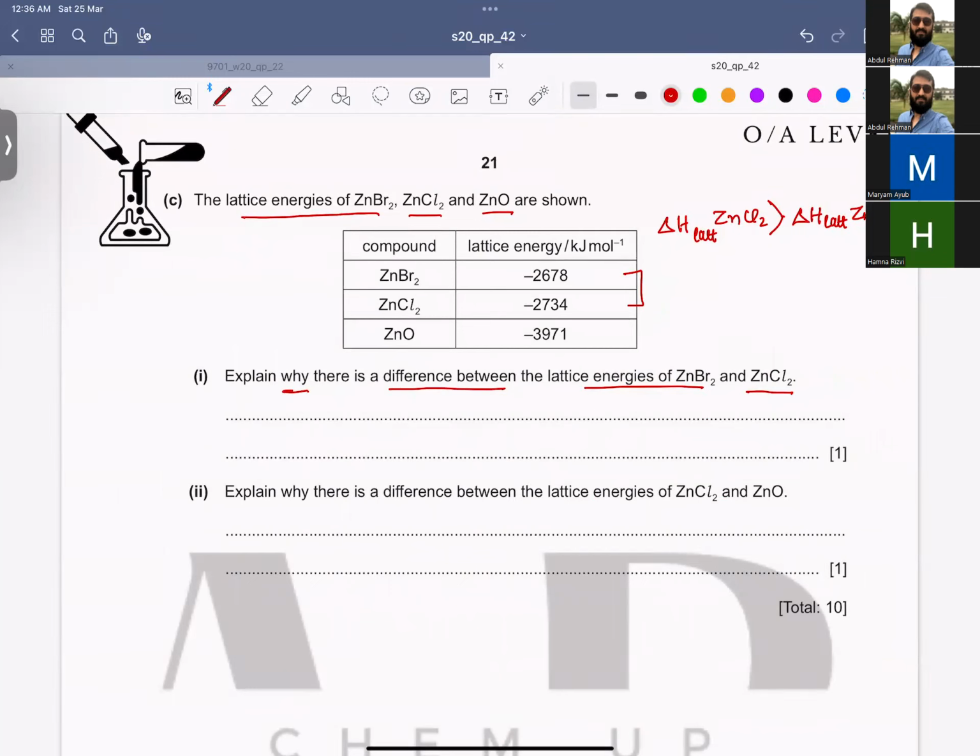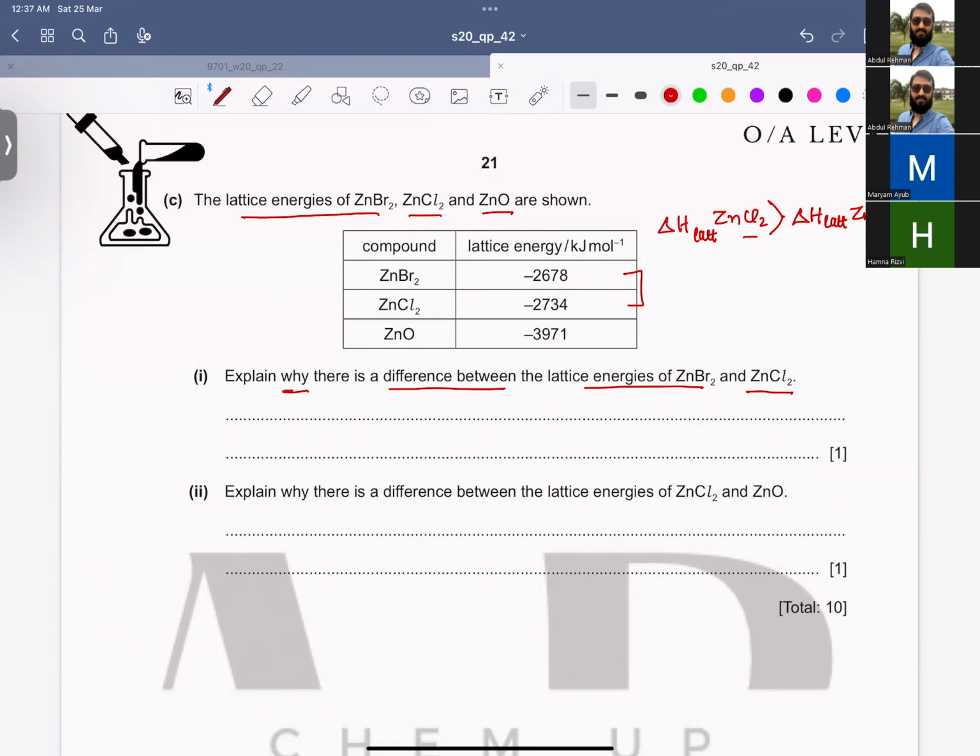And why the size? Because if you see the lattice energy, it is the change from the gaseous ions to an ionic solid. So there are forces of attraction that are developing between those ions, and the forces of attraction either depend upon the size or the charge.